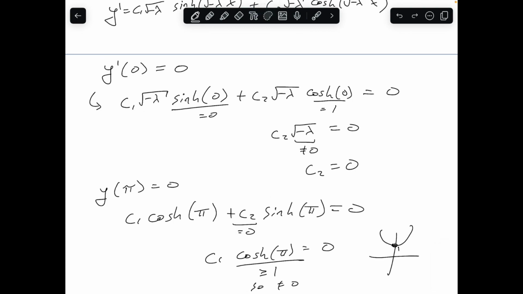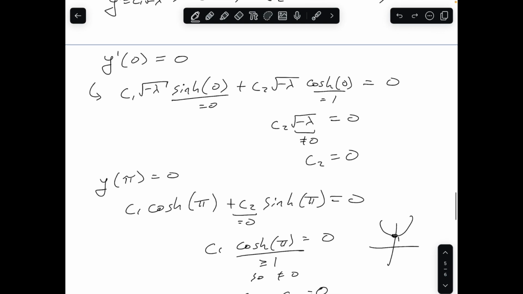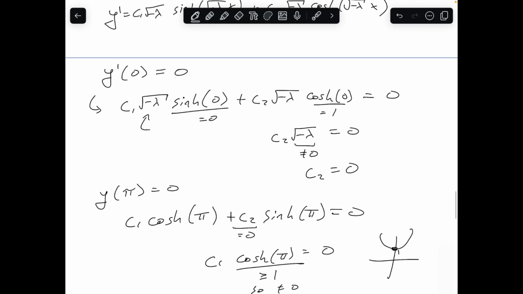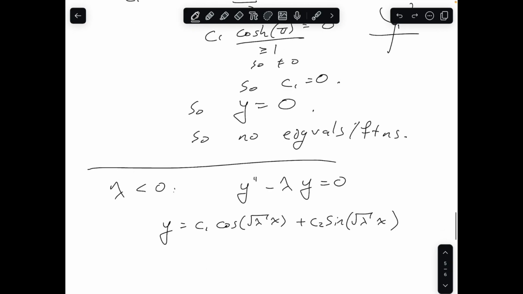Well, basically how you can try to remember this is that if lambda is positive, then square root of lambda is a real number, so you do want to have a real number in here. And if lambda is negative, then square root of negative lambda would be a real number, because you'd have to flip the sign before you take a square root, right? So that's sort of what's happening here.